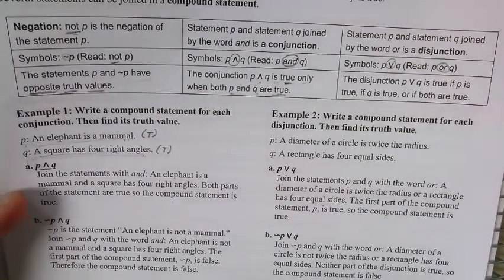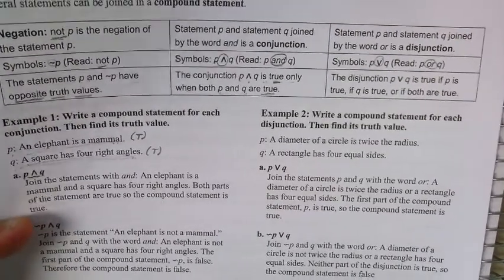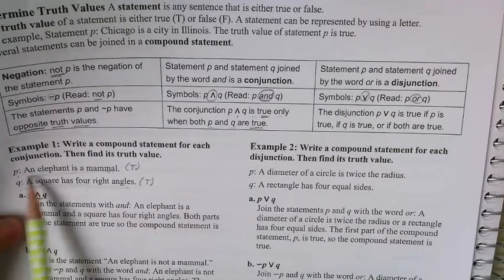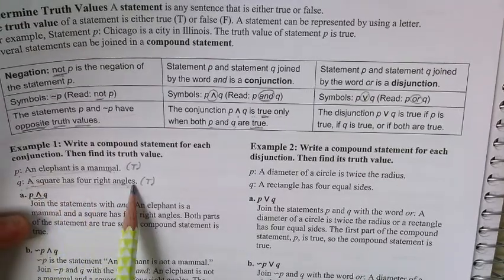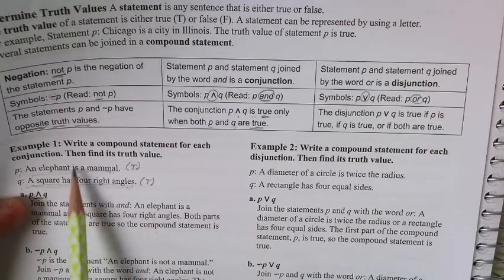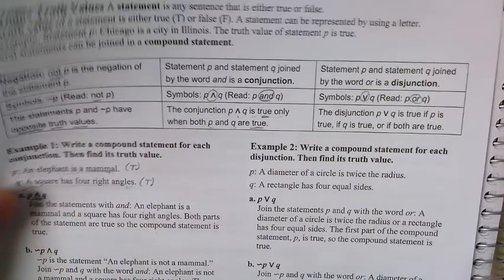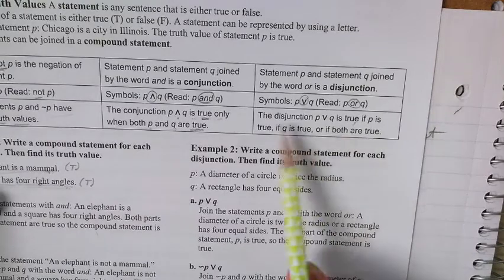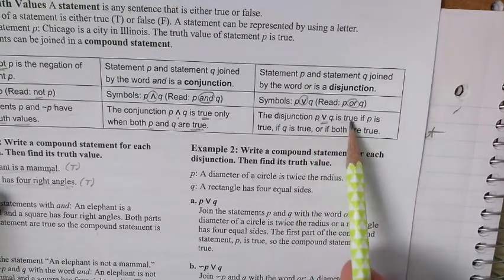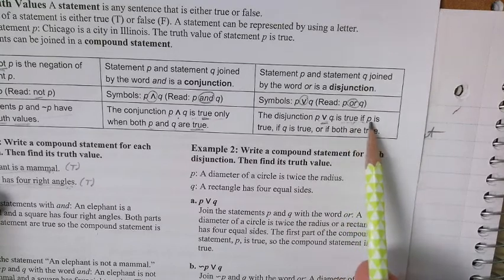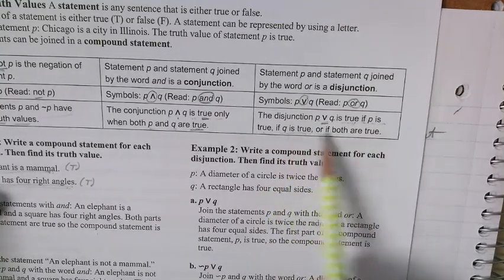Okay? Now from here, let's go over here. Well, I could go to an or. Let's go to an or. An elephant is a mammal, or a square has 4 right angles. Since both of these are true, when you have an or statement, it says it right here. If you have 2 statements linked by an or, it is true if P is true, if Q is true, or if both are true.